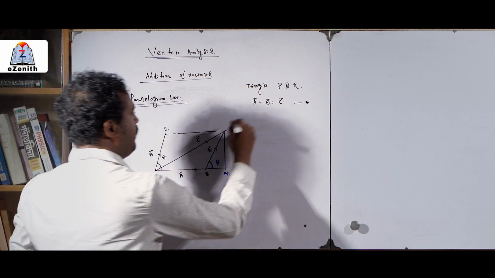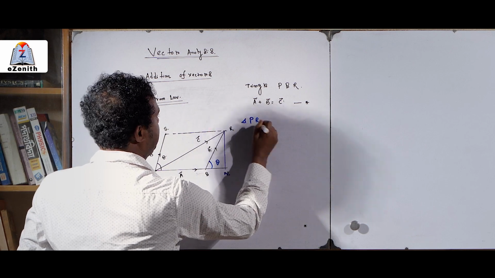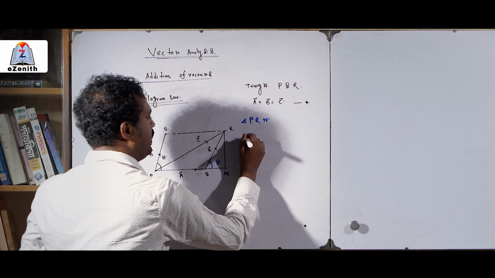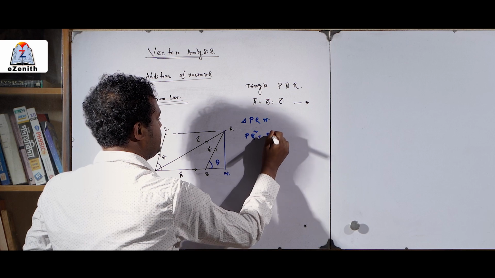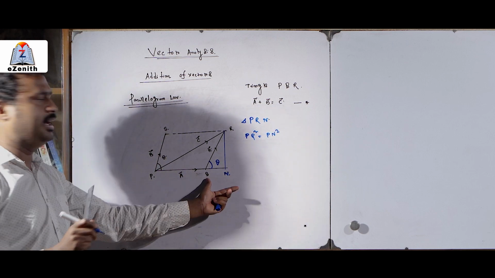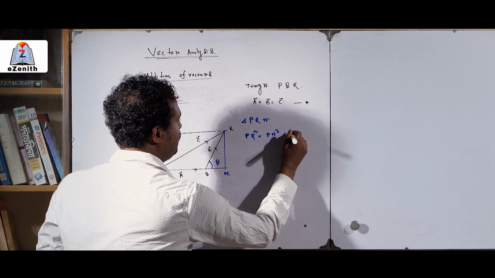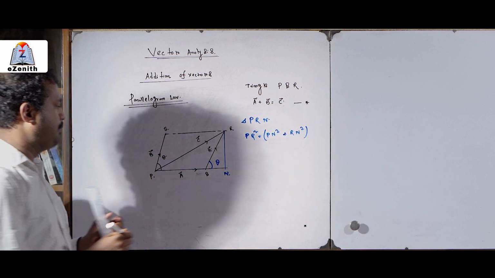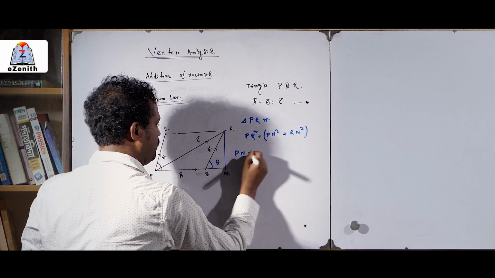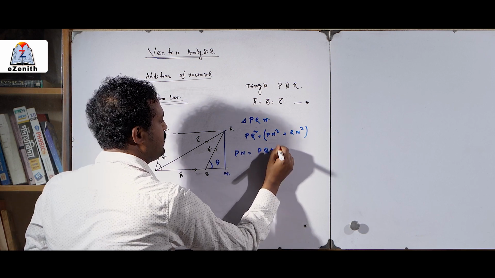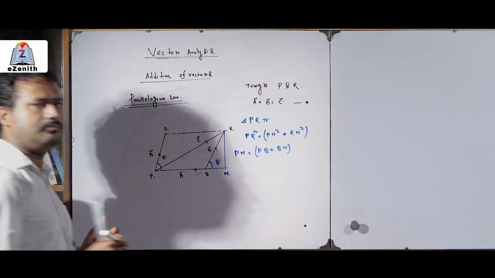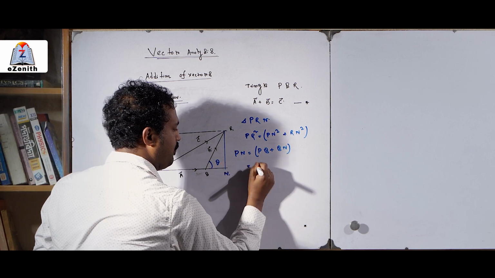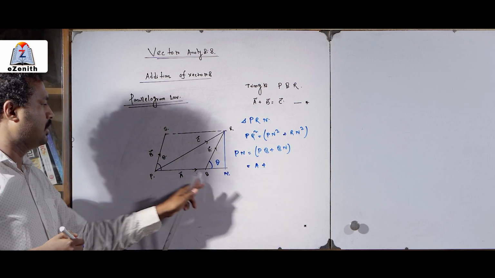Suppose RN is the perpendicular, theta is the angle. Now from triangle PRN, PR square is equal to PN square plus RN square, where PN is equal to PQ plus QN. Now very simple, PQ magnitude is A, plus QN.